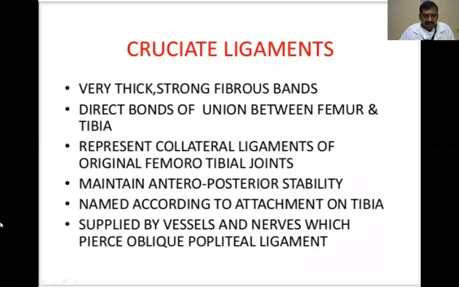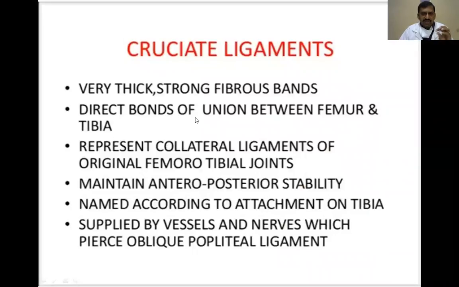Next, the cruciate ligaments. These are very, very important ligaments, and they may ask for a short answer. There are two cruciate ligaments, the anterior and posterior cruciate ligaments. They are very thick, strong fibrous bands, direct bands of union between the femur and tibia.